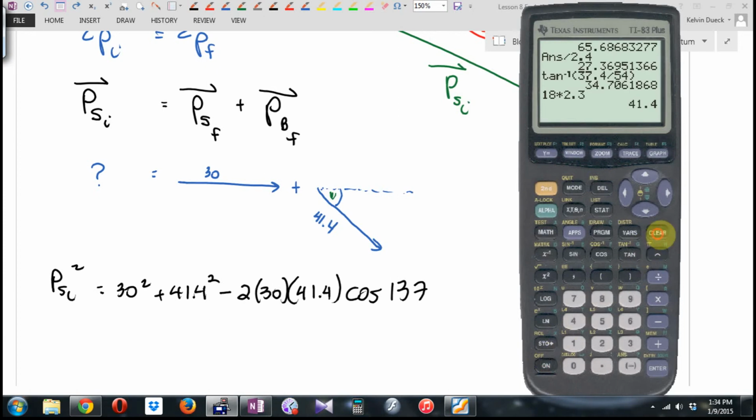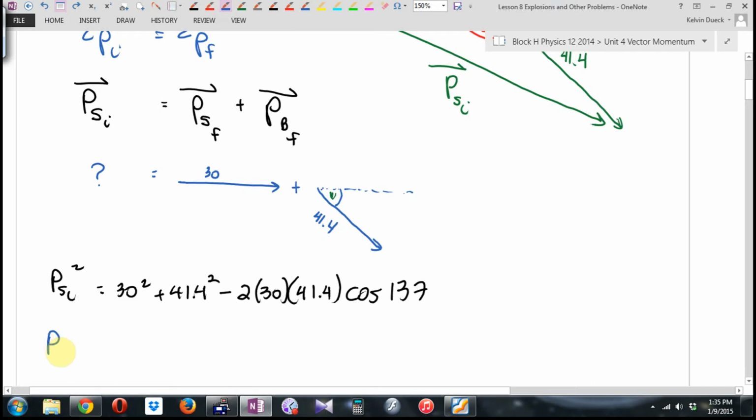Hopefully you've heard me do a calculator rant or two or 10. 30 squared plus 41.4 squared minus 2 times 30 times 41.4 cos 137, square root. Do you get 66.563 blah, blah, blah? Someone double check me. Yeah.